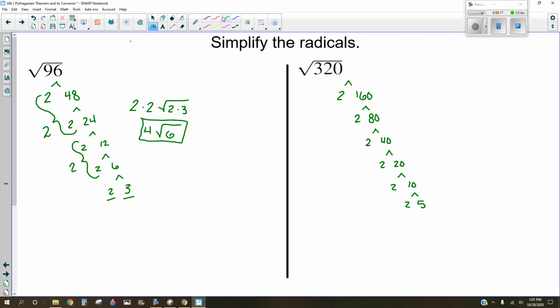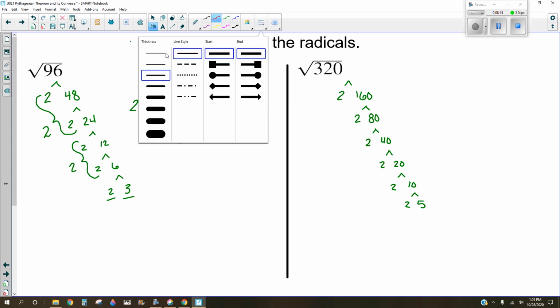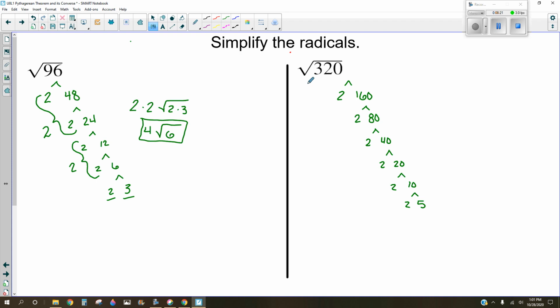So we're going to go look for pairs, remember? Because we want to make groups of squared. So 2 squared will be a 2 on the outside. 2 squared will be a 2 on the outside. 2 squared will be a 2 on the outside. 5 does not have a partner, so he will remain under the radical.